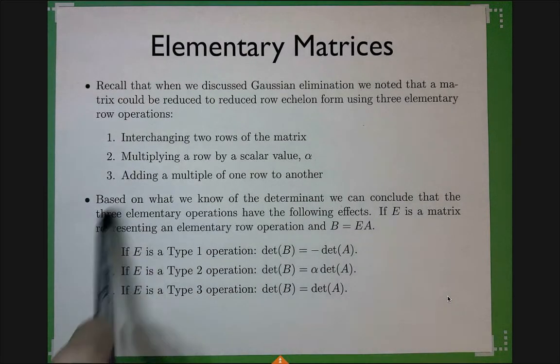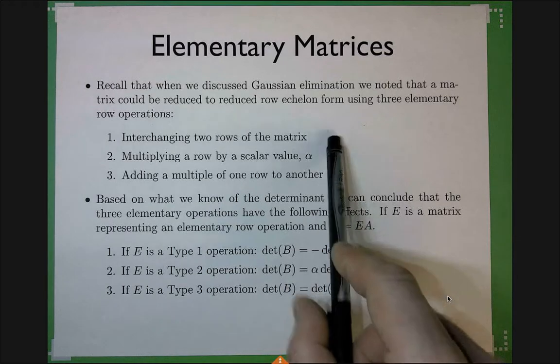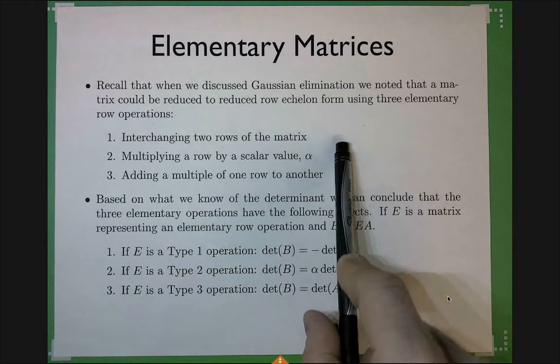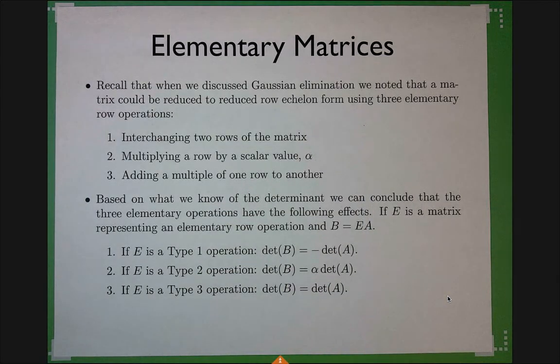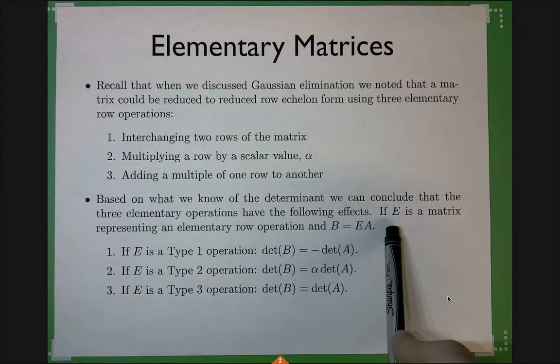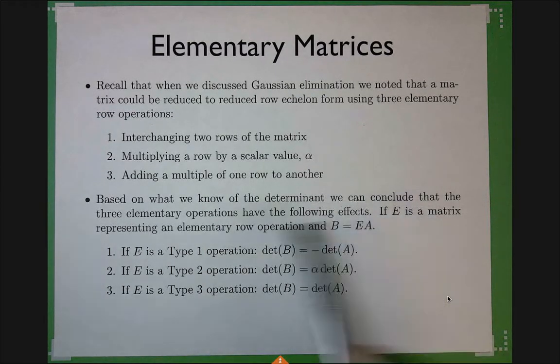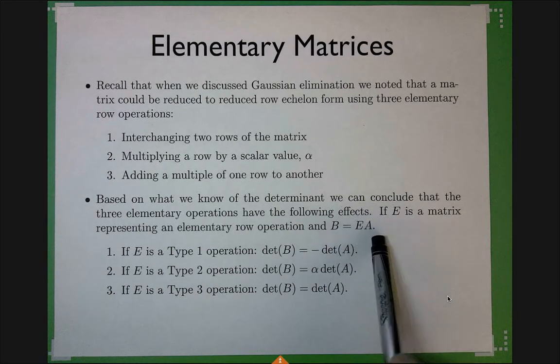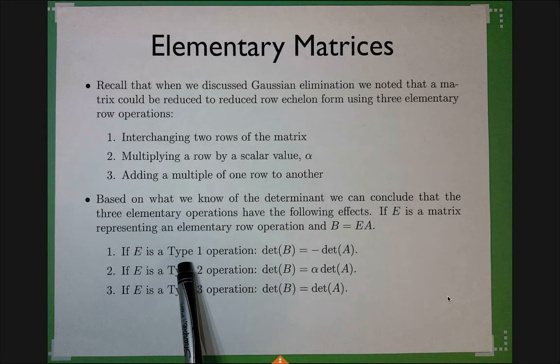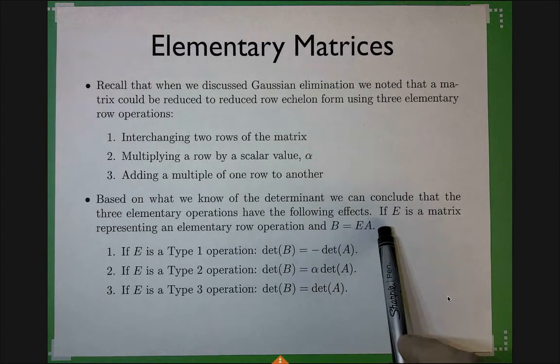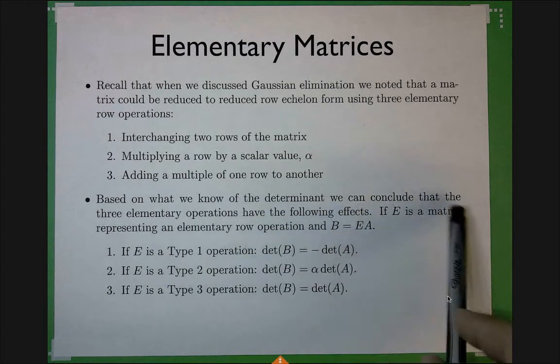So the elementary operations, we know that they can be expressed in the matrix language as multiplication by the elementary row transformation matrices, right? Those are these E matrices. And based on the properties of determinant, we know how they will change the determinant. So let's go a little bit more slowly.